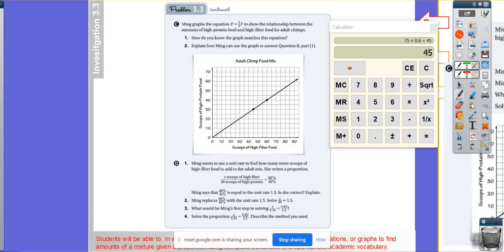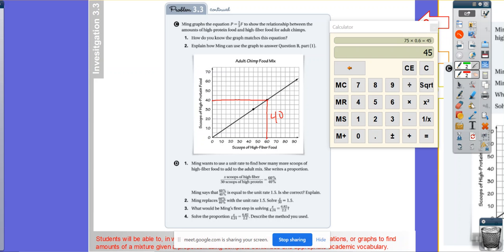For example, how about this point? How far up did I go? How far over did I go? 40. Because we went from 0 up to 40, that's a difference of 40.